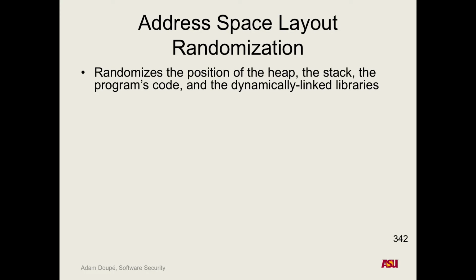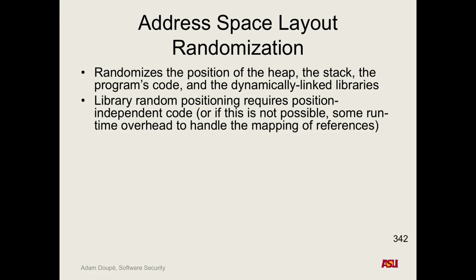Depends on the system. I think on Windows it may, but it also does dynamically linked libraries, so it moves around all of libc. So every time you run the program, libc will be in a different location. But if you're moving around a library, you need to compile that library so it can be relocatable, right?